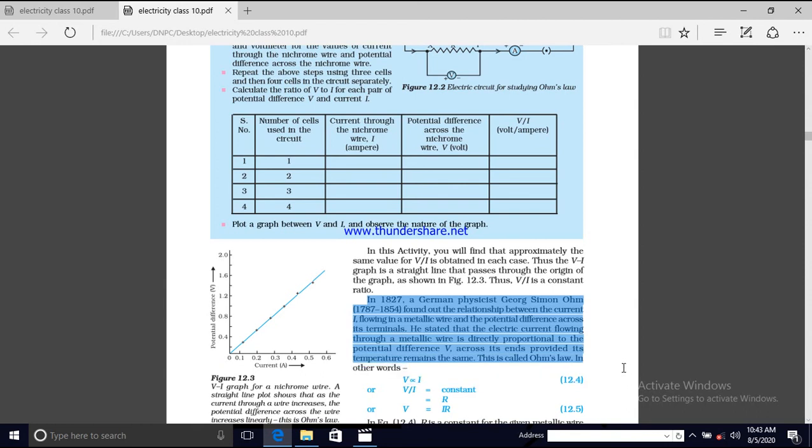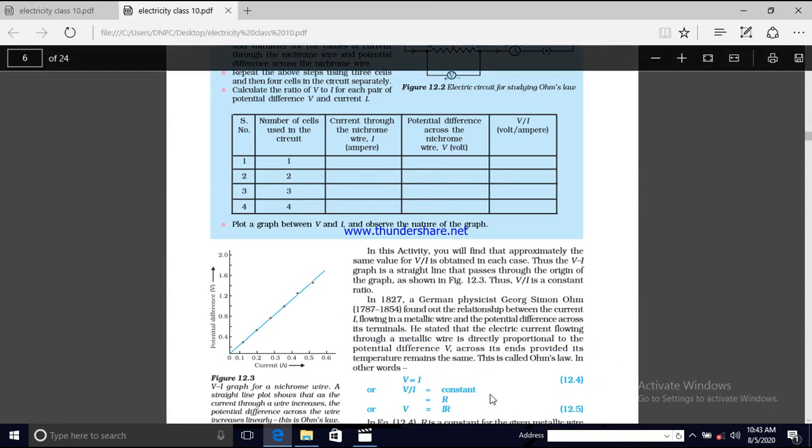He stated that the current flowing through a metallic wire is directly proportional to the potential difference V across its ends, provided the temperature remains the same. This is called Ohm's law.